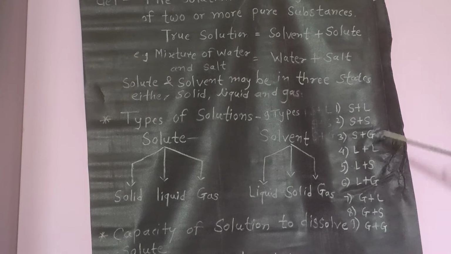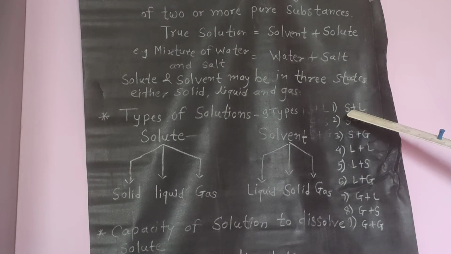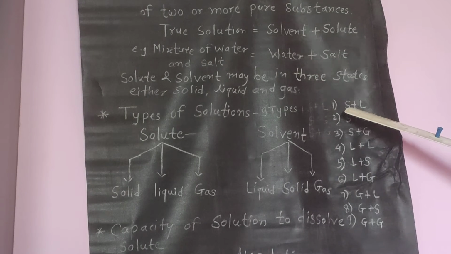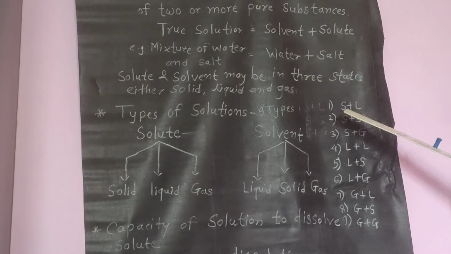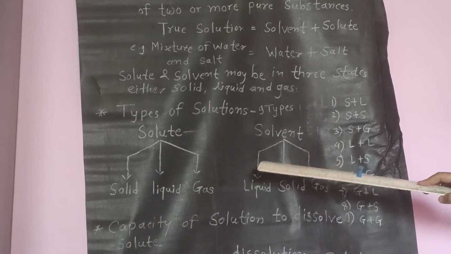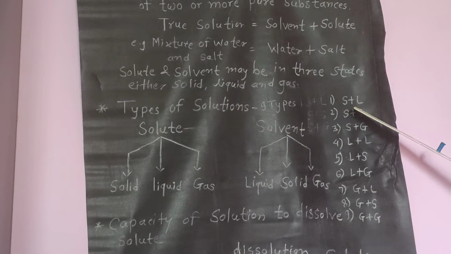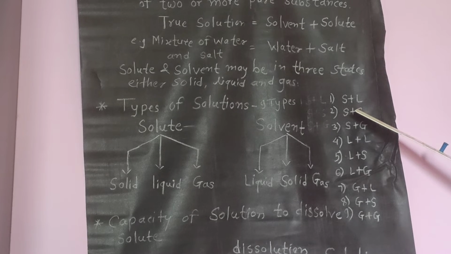The first example is the one in which the first state is solid and the second state is liquid. Solid state means the solute, and liquid means the solvent. For this, the example is benzoic acid in benzene or sugar in water.